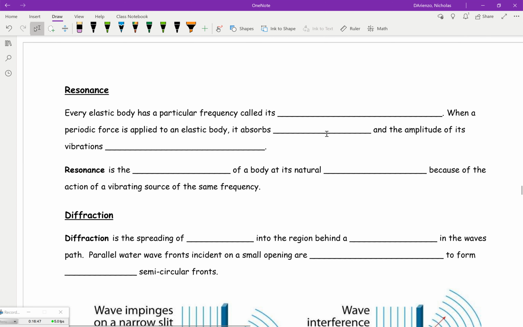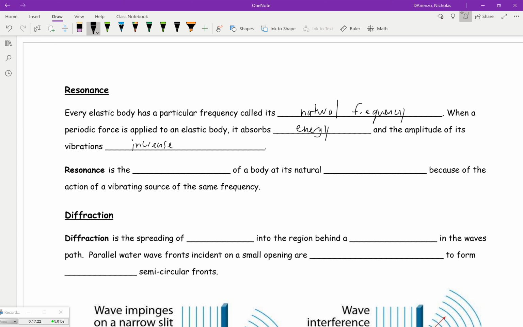Now, resonance, you might be a little familiar with resonance. Every elastic body has a particular frequency, which we call its natural frequency. What this means is that when a periodic force is applied to some elastic body, it's going to absorb energy, and the amplitude of its vibrations is going to increase.